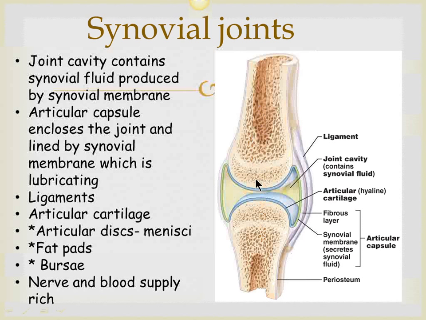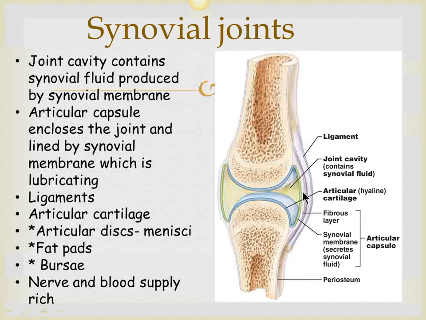So can you see two bones up here? Again, the ends of the bones are lined by articular cartilage. Wherever joints have a little movement, you will always find articular cartilage lining the ends of the bones, because you don't want bone rubbing on bone and wearing it out.